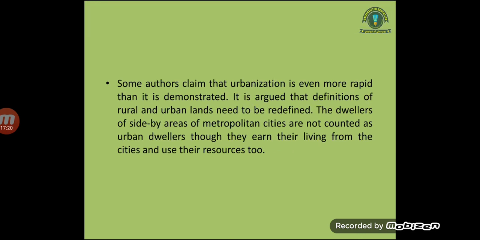Some authors claim that urbanization is even more rapid than it is demonstrated. It is argued that definitions of rural and urban lands need to be redefined.